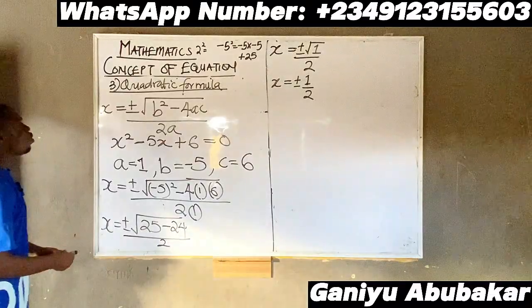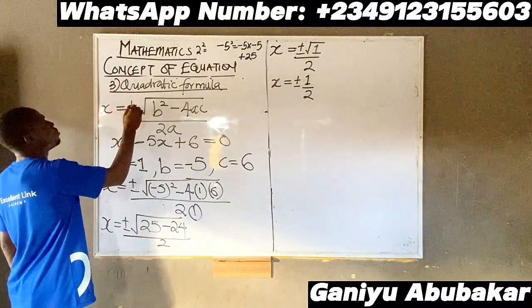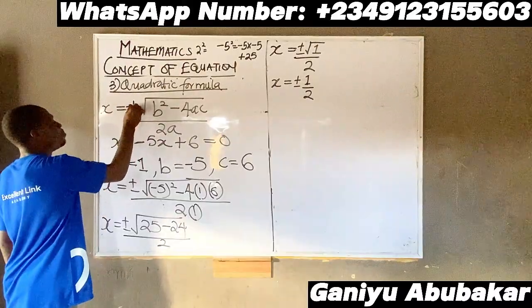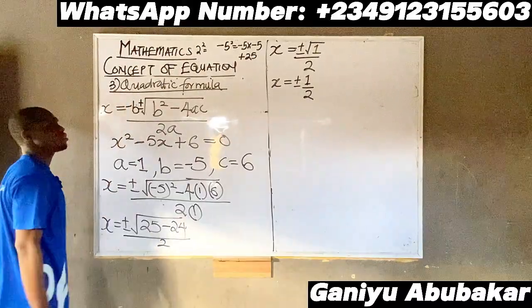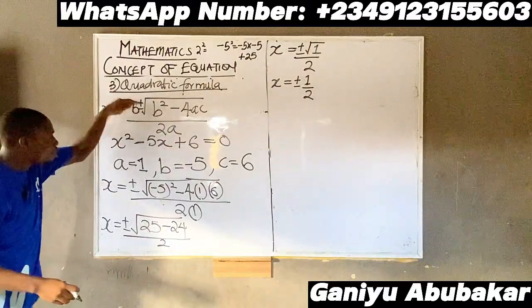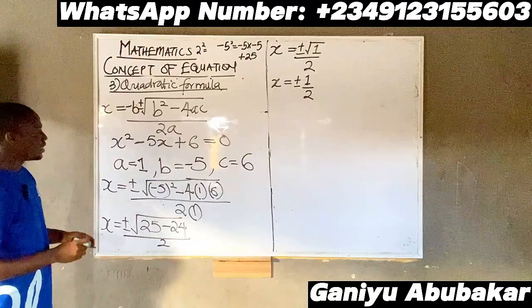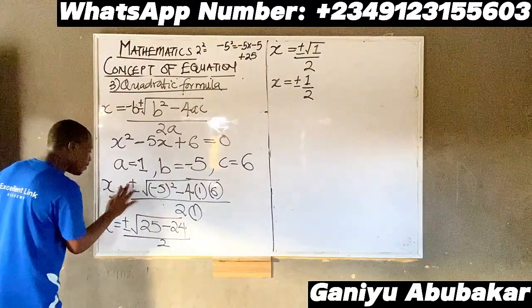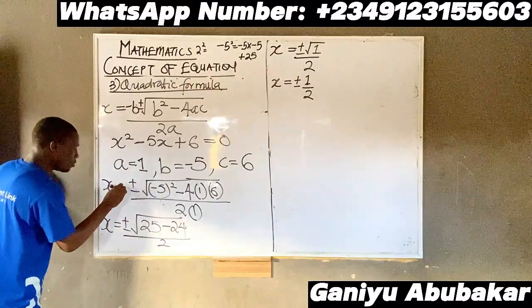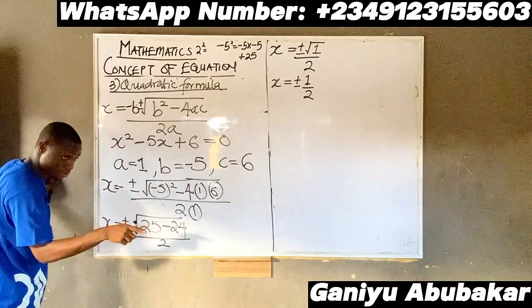Sorry, x equals minus B, minus B plus or minus. Please don't forget. It's minus B first. What's B? Minus 5, so minus B is plus 5.